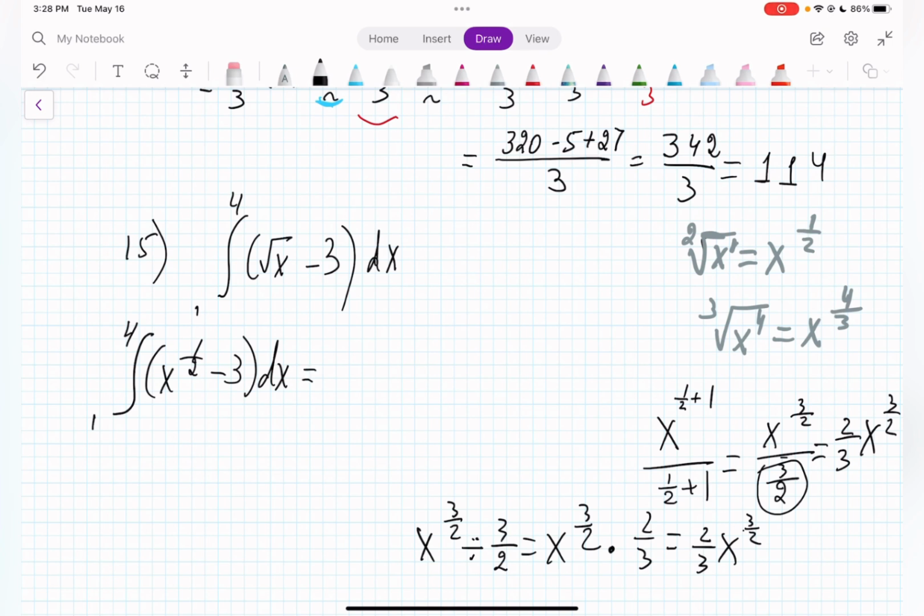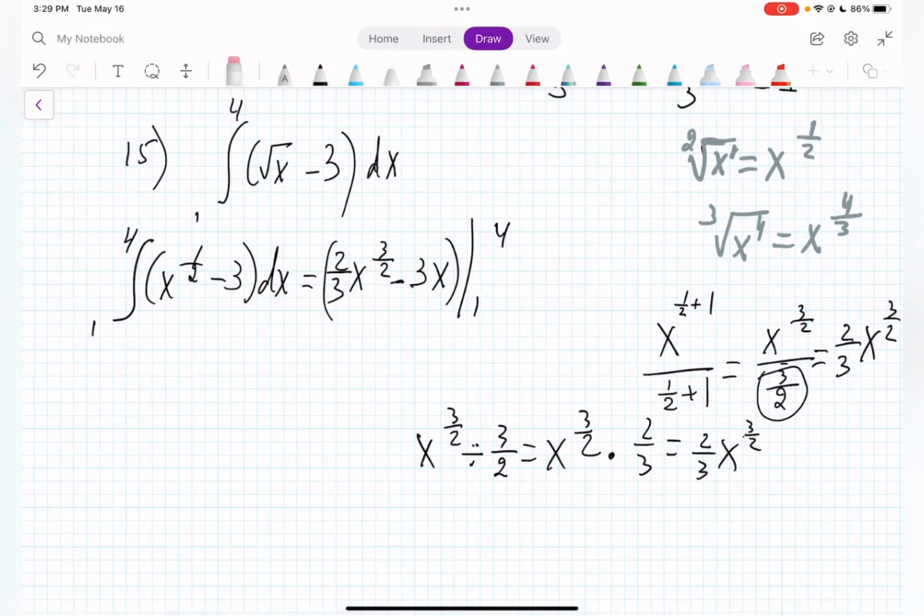So I'm getting 2/3 x to power 3 over 2, and then minus 3, it's going to be minus 3x, right? Put in parentheses, and here I put negative 1, 1 and 4. Yes?